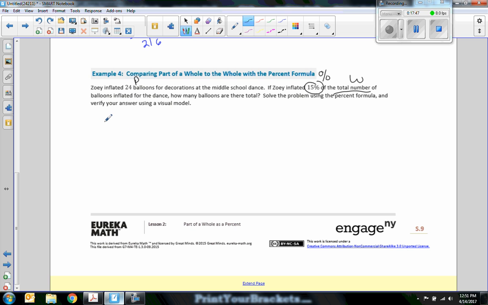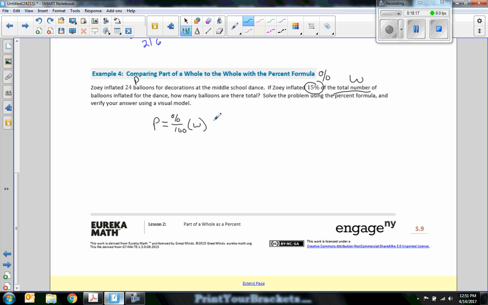So the percent formula says percent over 100 times the whole is the part. Okay, and let me write that the other way. Start with P. Part equals percent over 100 times the whole.